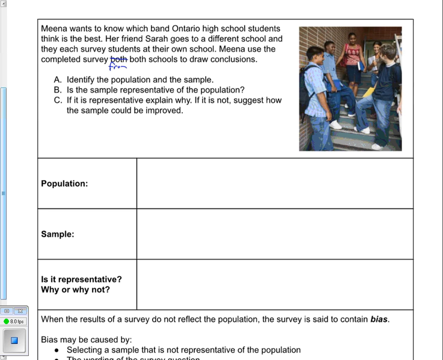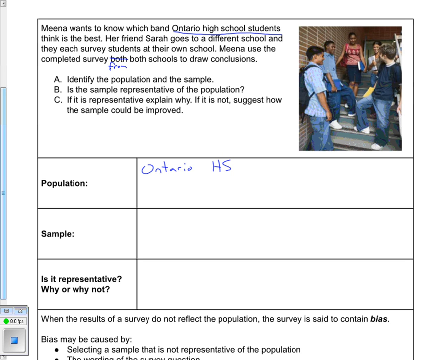Again, the population is the total group of people that she's interested in. In this case, Mina wants to know which band Ontario high school students think are the best. So her population that she's really interested in is Ontario high school students.